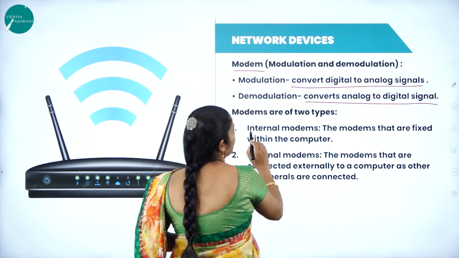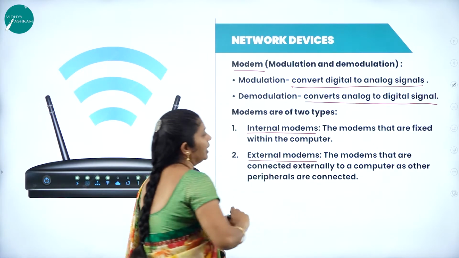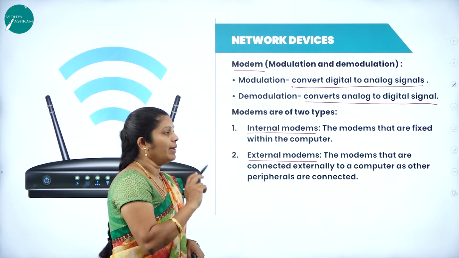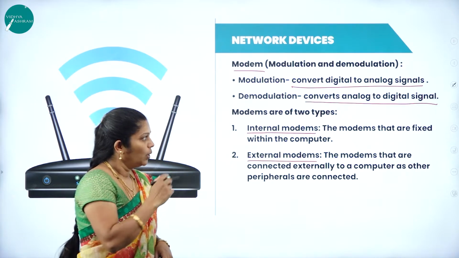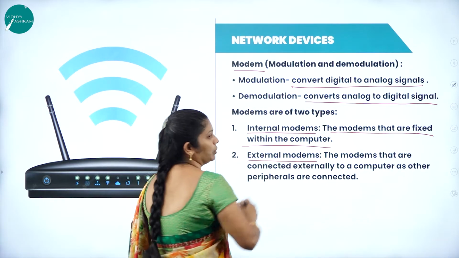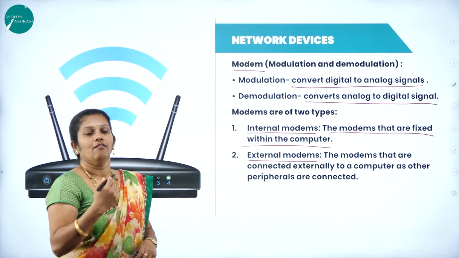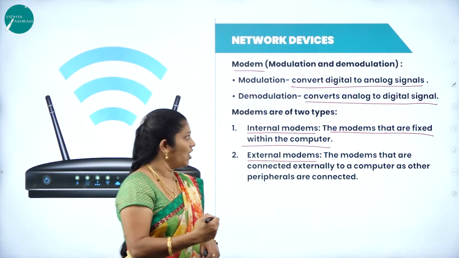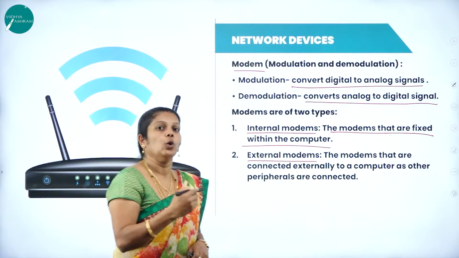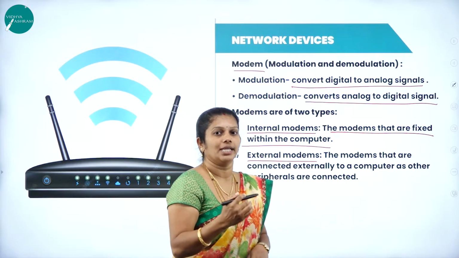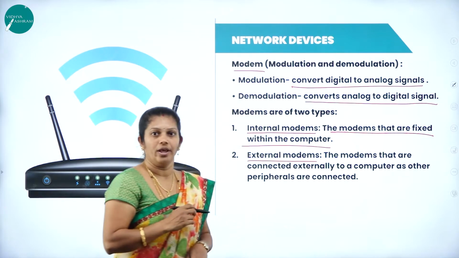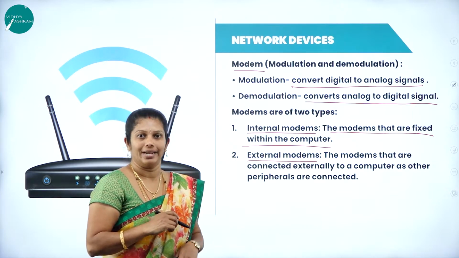Modems are of two types: internal modems and external modems. Internal modems are fixed within the computer. It is an inbuilt one. For example, in a laptop, the modem is inbuilt inside it. If I have an old desktop system, at that time we don't have an inbuilt modem. At that time, we can get an external modem to get the internet with the help of a landline.